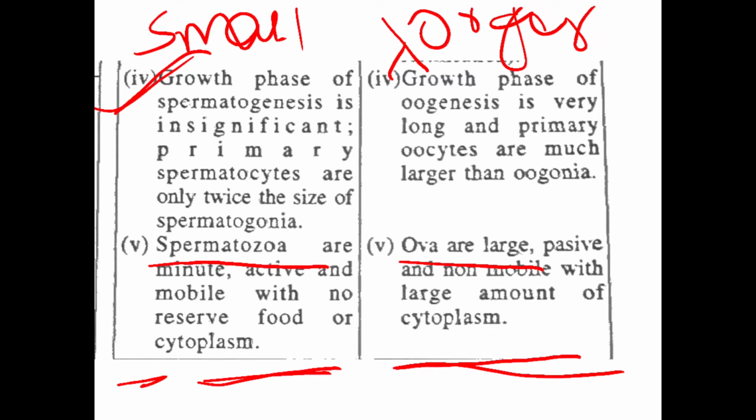In spermatogenesis no polar body formation takes place, whereas in oogenesis 2 to 3 polar bodies are formed. In spermatogenesis vitellogenesis, production of yolk, does not occur, whereas in oogenesis the vitellogenesis process occurs.